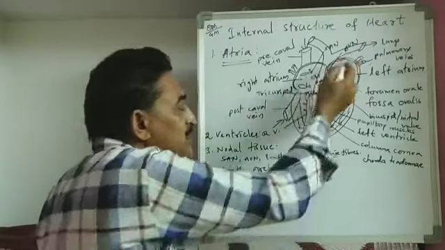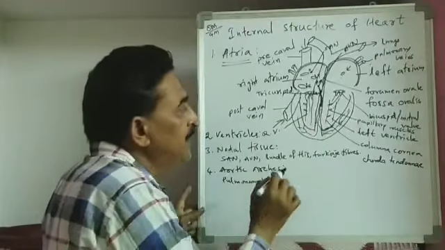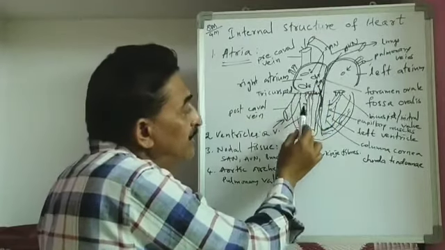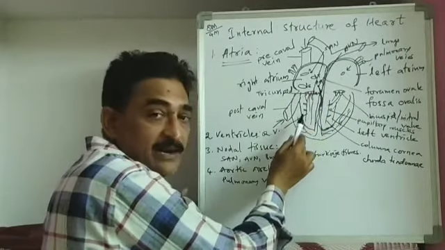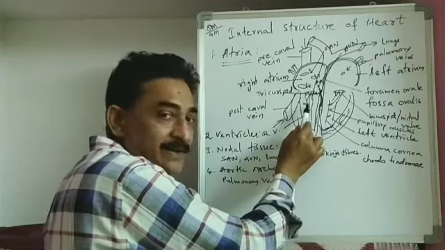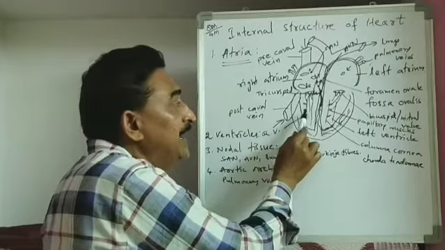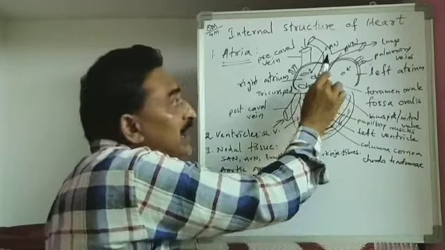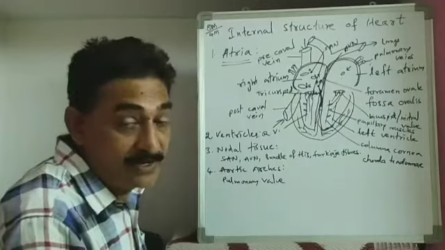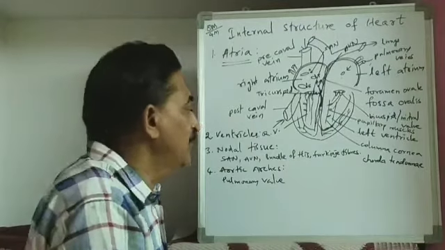So through this pulmonary valve, the deoxygenated blood in the right ventricle enters the pulmonary arch and goes towards the lungs for purification, for the mixing of oxygen.